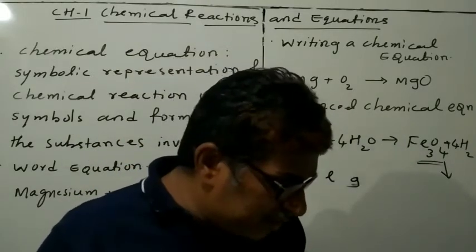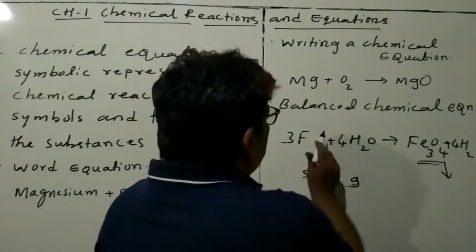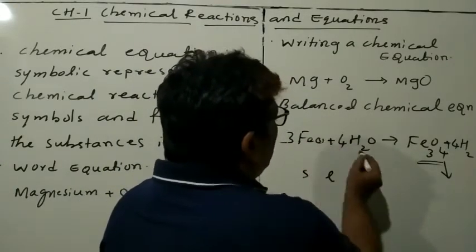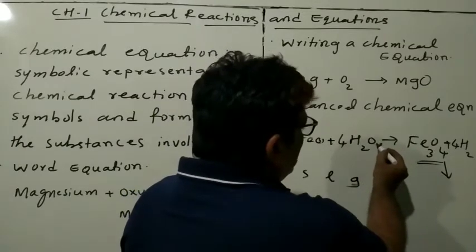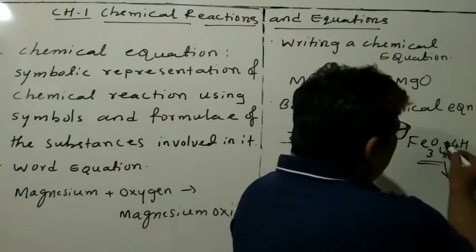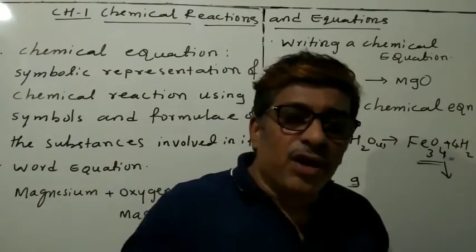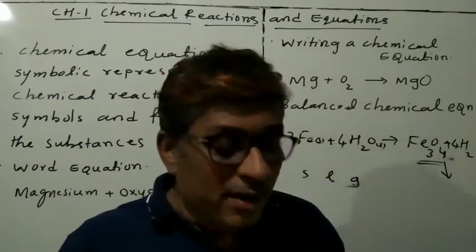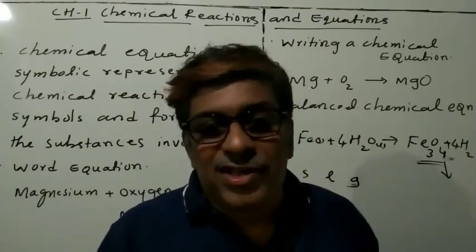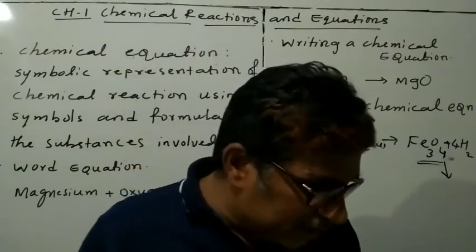For example, iron is a solid, so here you write solid. Water is liquid, so you write liquid. And this one is solid. In between only you have to write, not at the end. But you write this only if it is mentioned. Otherwise, there is no need of writing their physical states.